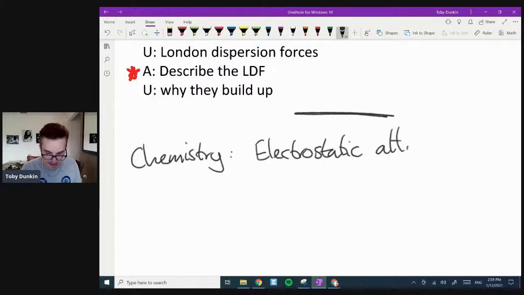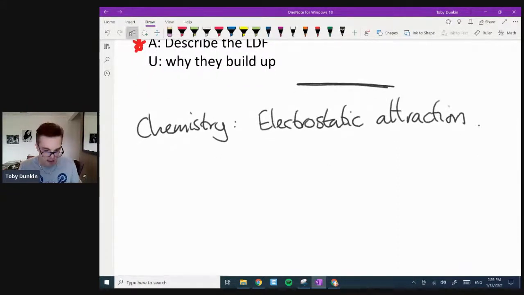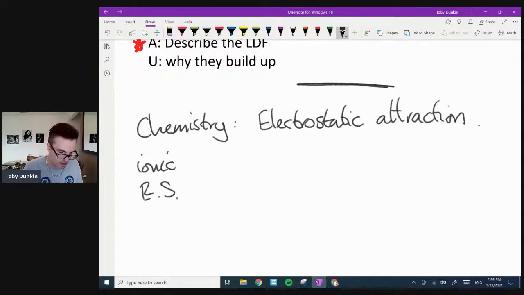This force dominates everything through chemistry. We know that we can define an ionic bond as the electrostatic attraction between oppositely charged ions. It's electrostatic in nature. And then we can say covalent. And covalent, we would say it's the electrostatic attraction between the shared pair of electrons and the two positive nuclei of the two atoms. So that is electrostatic in nature as well.